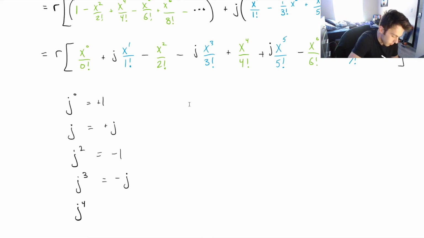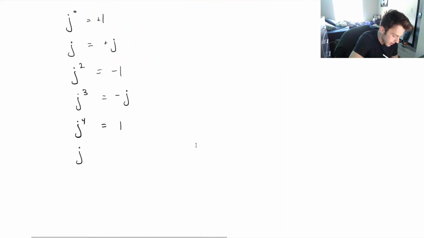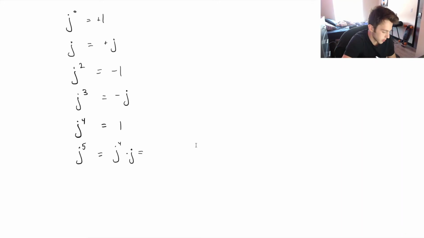And then j to the 4 is equal to 1. And if I could keep going with this, right? j to the 5 would be equal to j to the 4 times j. And if j to the 4 is just 1, then this will just be positive j. And you'll see that this pattern keeps going.